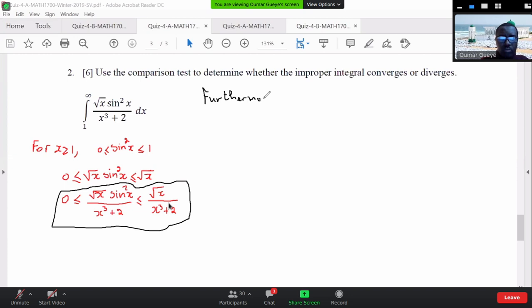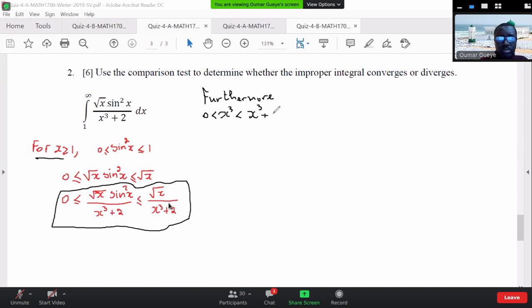So on top of what we already proved, we know x cubed is greater than 0, because we assume here x cubed is greater than 1, so that's why x cubed is going to be greater than 0, and this is less than x cubed plus 2.